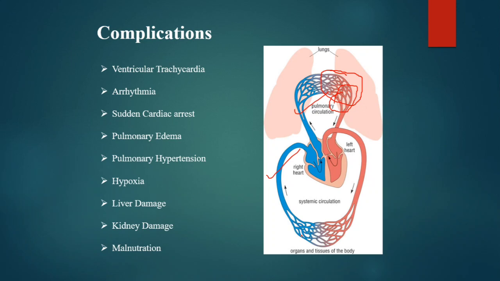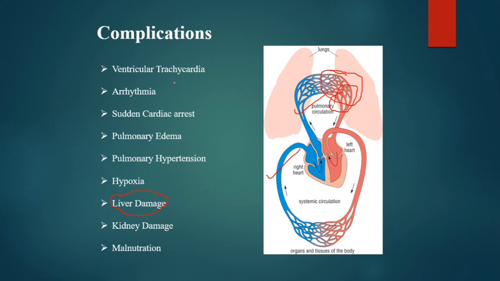There are some other problems like hepatomegaly, which will enlarge the liver, and splenomegaly, enlargement of the spleen. If fluid accumulates in the GIT, the absorption process will be impaired. If the absorption process is impaired, then the patient may experience malnutrition or nausea, vomiting. This type of complication will occur.